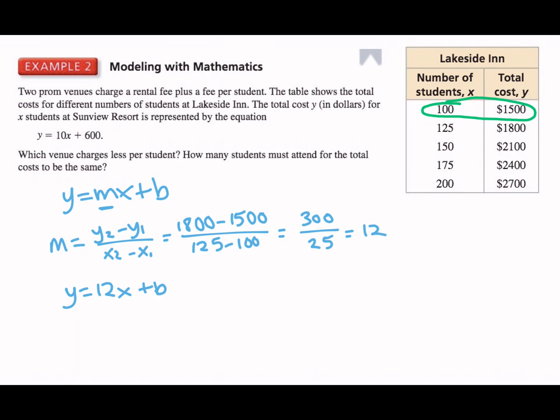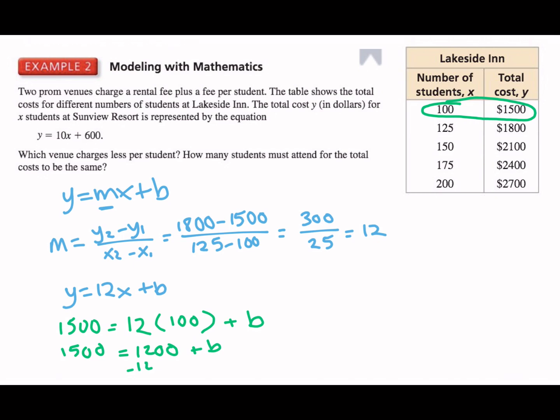Here in the top coordinate, the y value is 1500. So I'm plugging in 1500 for y. Set that equal to 12 times the x coordinate, which is 100 plus b. Remember, we're keeping b as our variable because that's our unknown. So when I multiply this out, I get 1500 equals 1200 plus b.